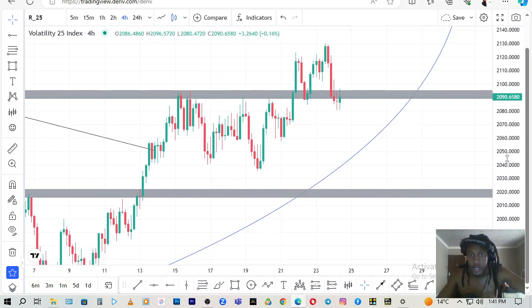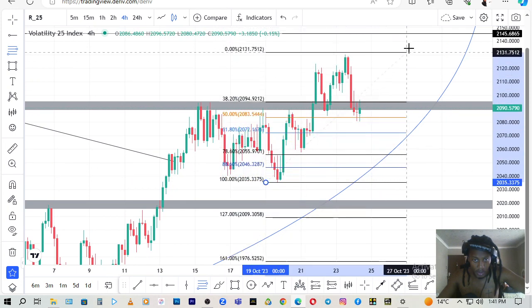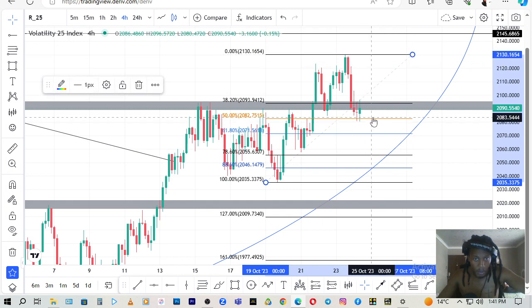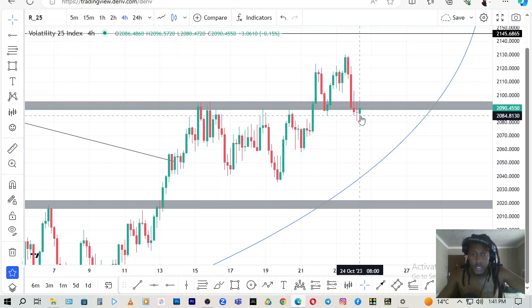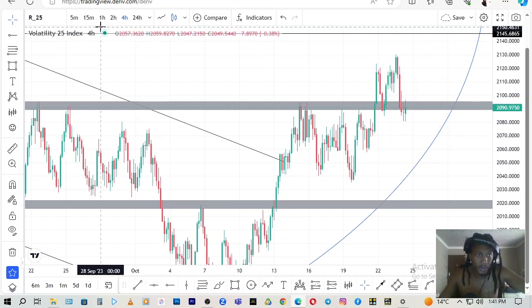Okay. And also, let me just use this. We're on the 50%. So we might get a reverse here. So what do we do? We look for other confluences that might help us get into the market.